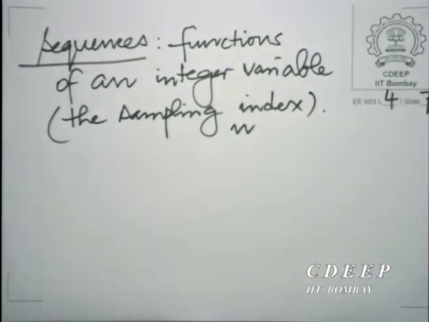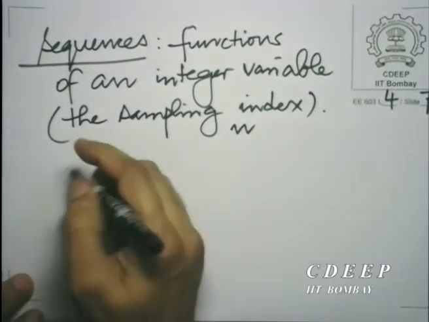I said functions maybe a little carefully, but we need to qualify whether I am talking about real functions or complex functions. Well, I am going to allow complex functions.